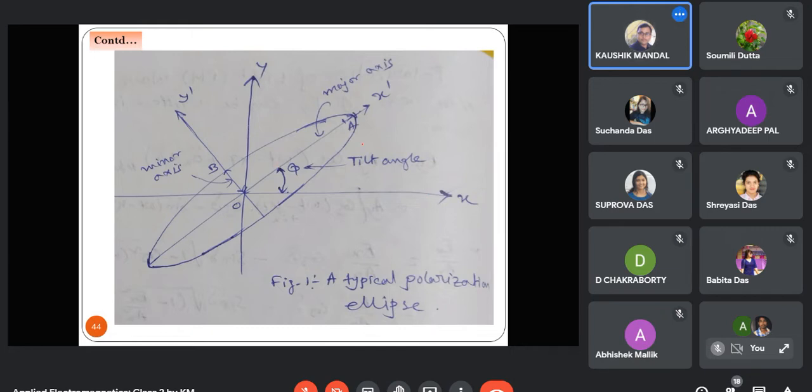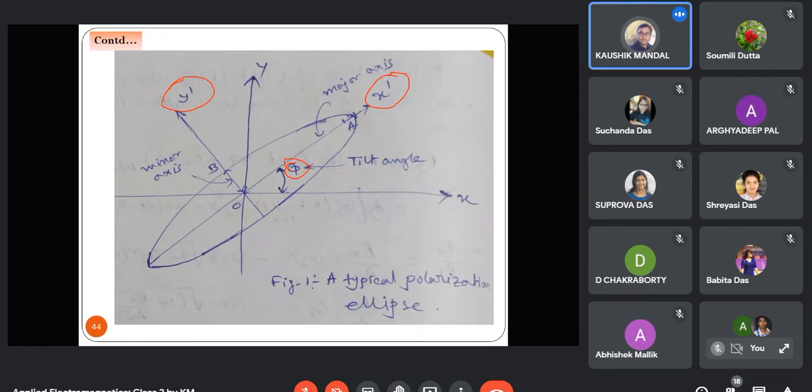So now we are considering a new coordinate system, taking the major axis and minor axis of the ellipse as the axes of the newly defined coordinate system. So instead of x, now it is x dash, and y dash. So we are transforming from the general coordinate system to this newly defined coordinate system, where phi is representing the tilt angle between the previous coordinate system and this new coordinate system.